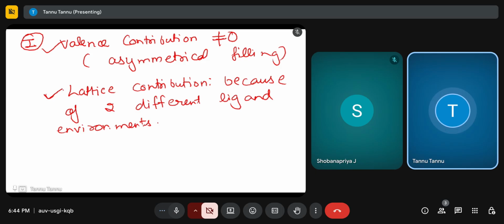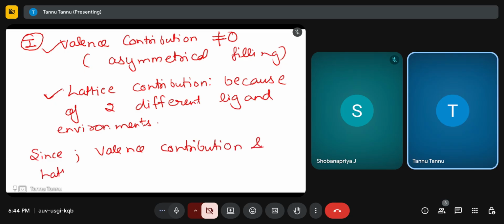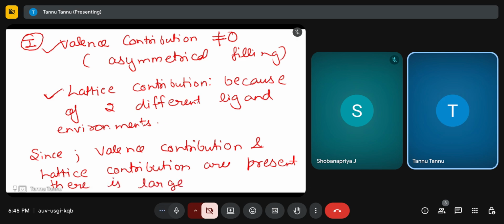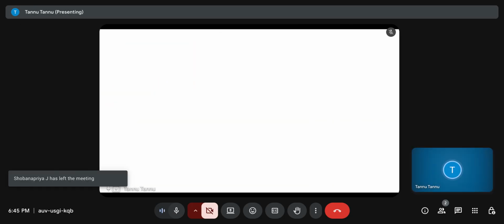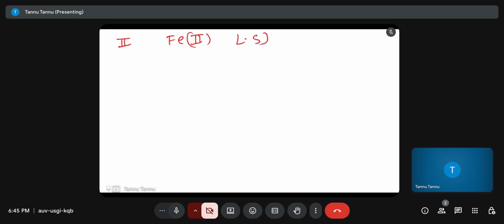So since both valence contribution and lattice contribution are present, there is large electric field gradient in your Fe3+ low spin complex.